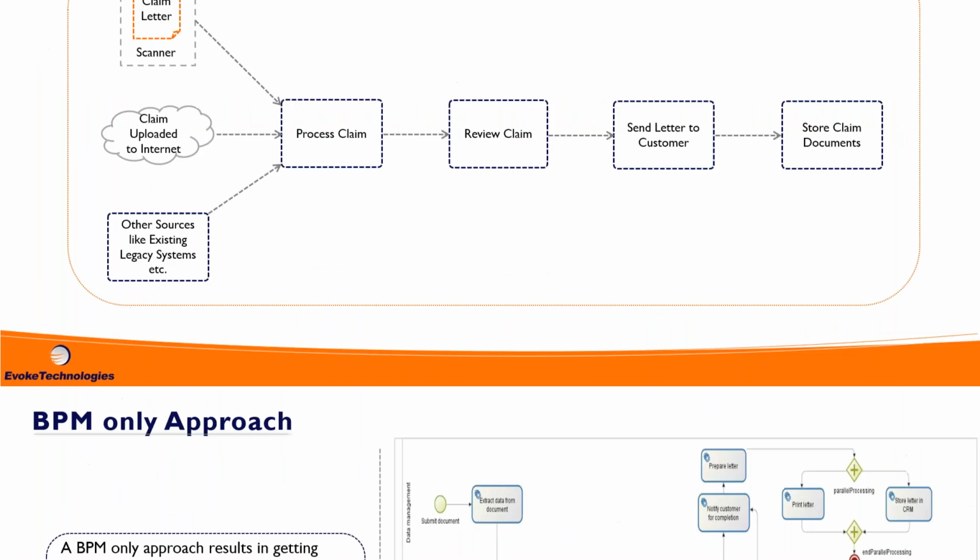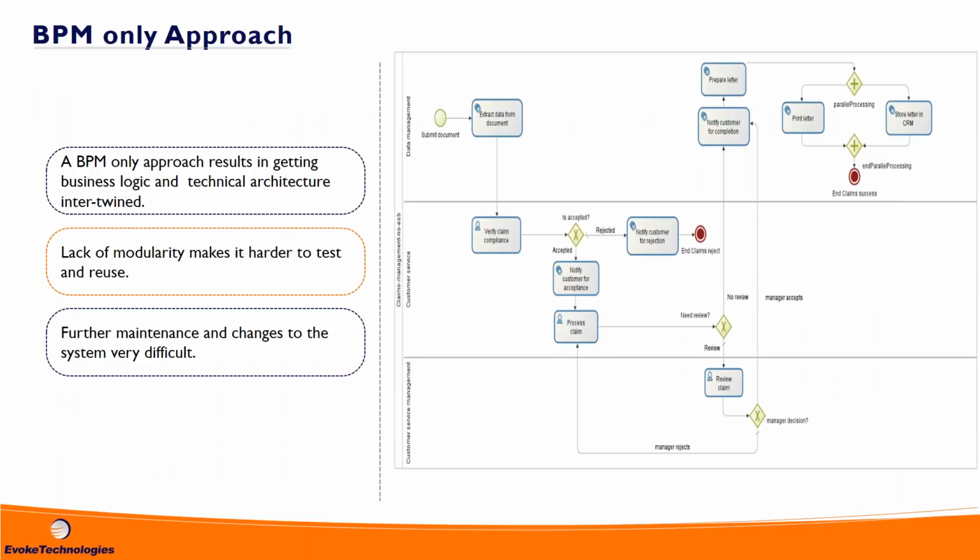From there, if we move on, we could look at one simple way of implementing the whole process. You could take up a BPM platform like Bonita Soft and implement the entire end-to-end process in the BPM platform itself.